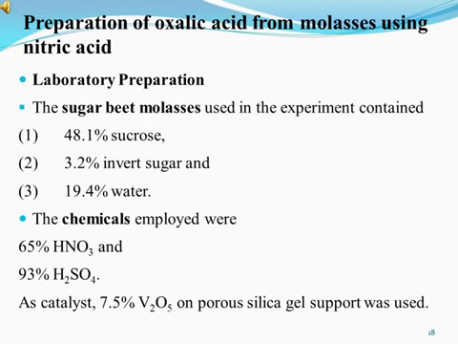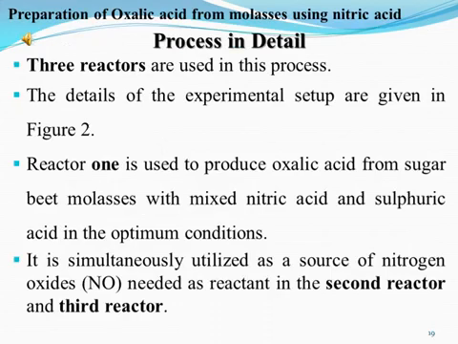As catalyst, 7.5% vanadium pentoxide supported on porous silica gel was used. Now we discuss this process in detail, the preparation of oxalic acid from molasses using nitric acid.